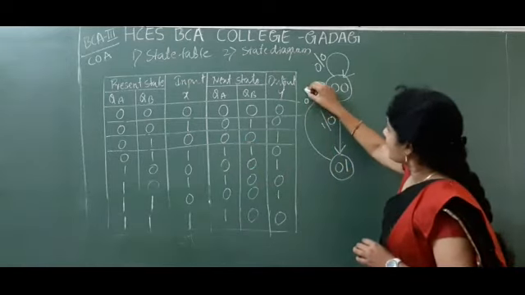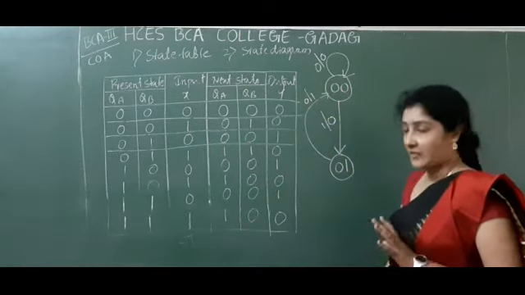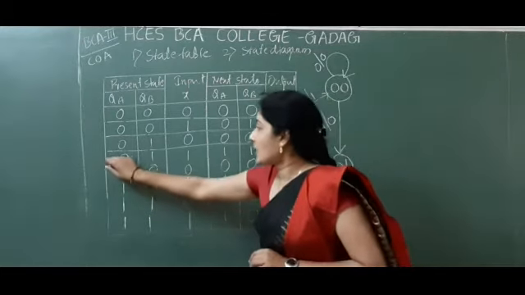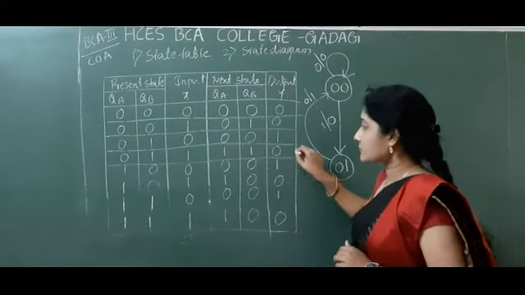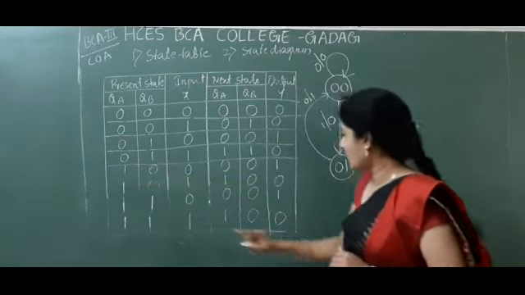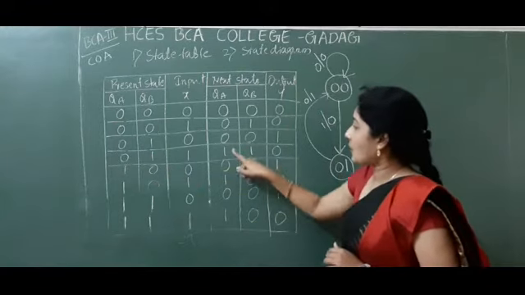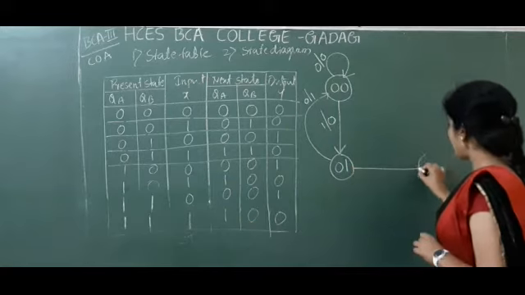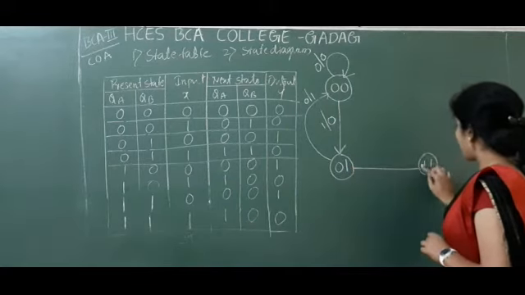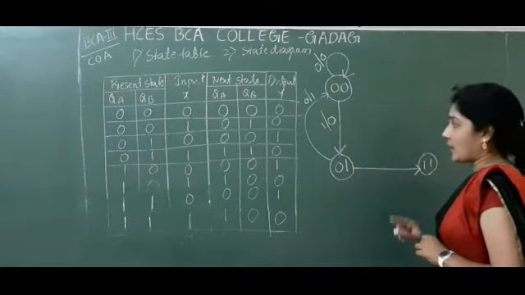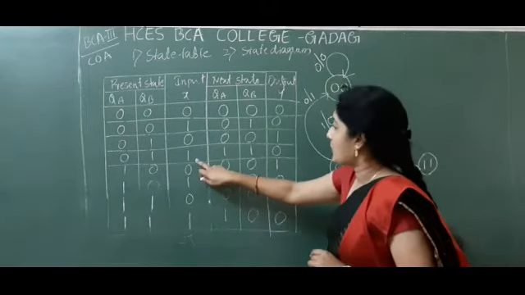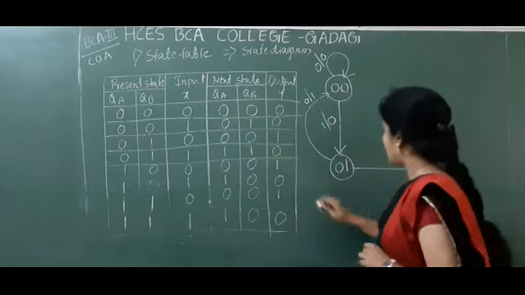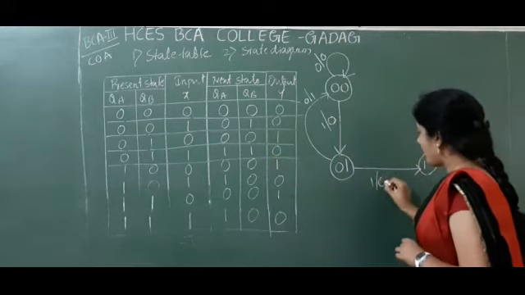Now the next one. Present state 0 1 here itself. The next state is 1 1. From here to here you can move, with this arrow mark. What is the input here? Input is 1 and output is 0. So input is 1, output is 0.